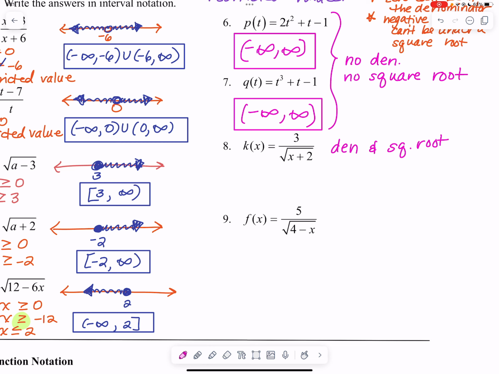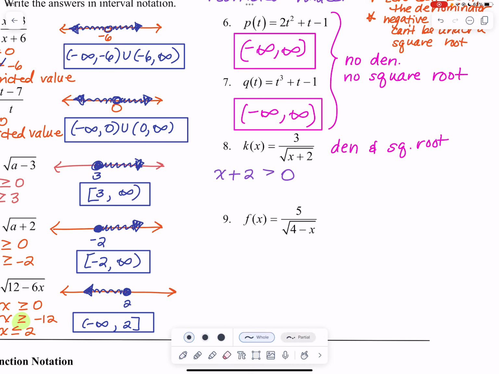So what we're going to do is say x plus 2 has to be greater than or equal to 0. We need it greater than or equal to 0 for it having no negatives under the square root. But we also don't want 0 in the denominator, so we now have to take the equals off.